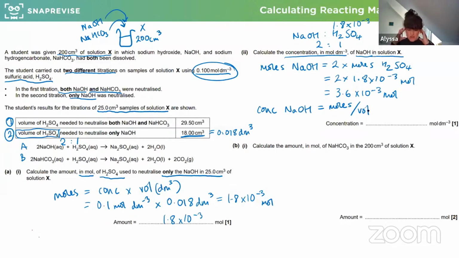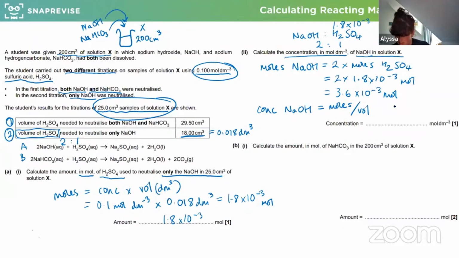We have to be so good at holding all of this information in our brain. And it's the 25 centimeters cubed, because it was 25 centimeters cubed of solution X. So when we put 25 centimeters cubed of solution X there must have been 3.6 times 10 to the minus 3 moles of sodium hydroxide in there.